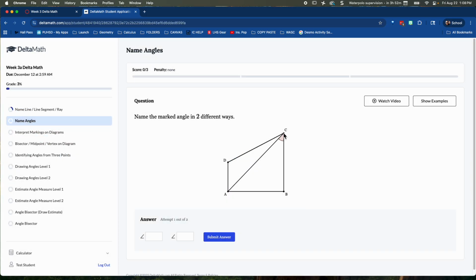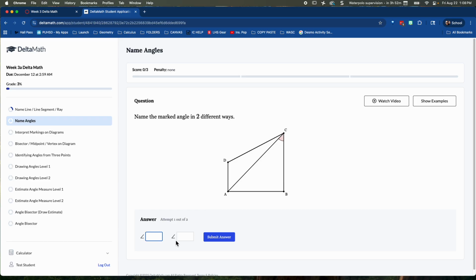It's asking me to name this angle, and you might think, oh, that's angle C. It's up in the C corner. Well, it is in that C corner, but notice that it doesn't cover the whole C corner. It only covers these 2 legs here that go out to A and to B. So I have A to C and then C to B. I'm drawing my way around this angle.